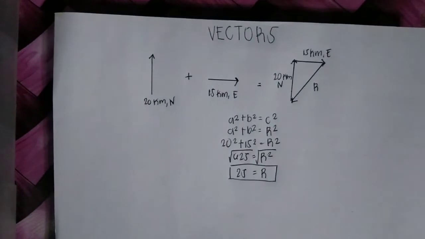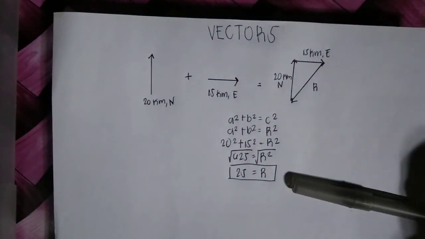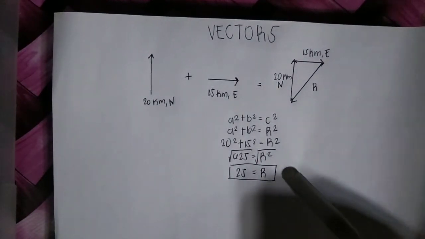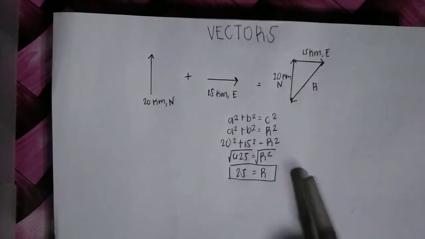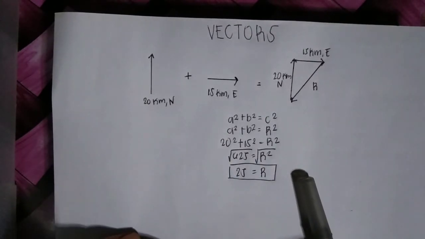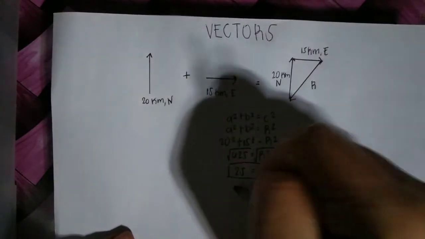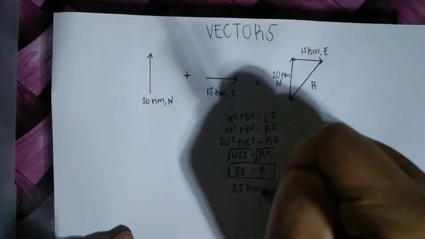And now we are done. We found the resultant, which is 25, and this is Killua and Gon's resulting displacement, or the magnitude, which is 25 kilometers.